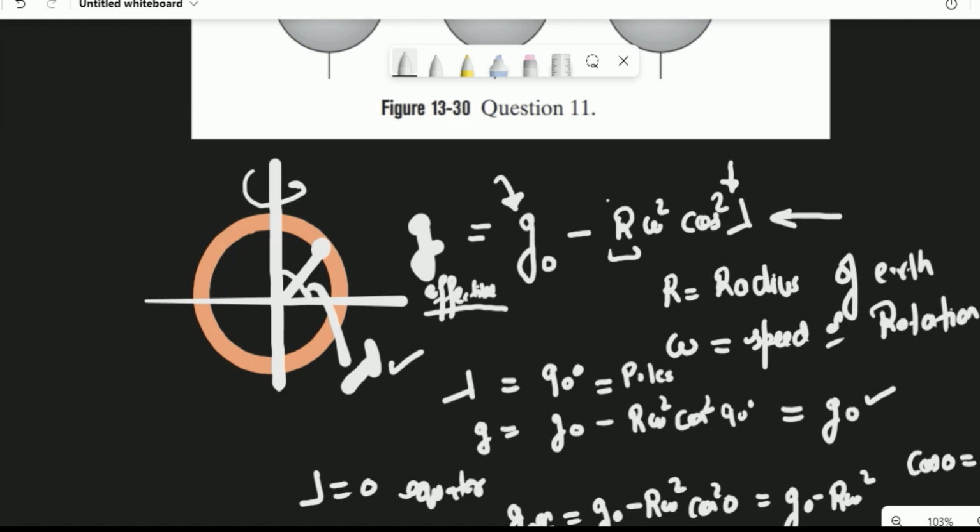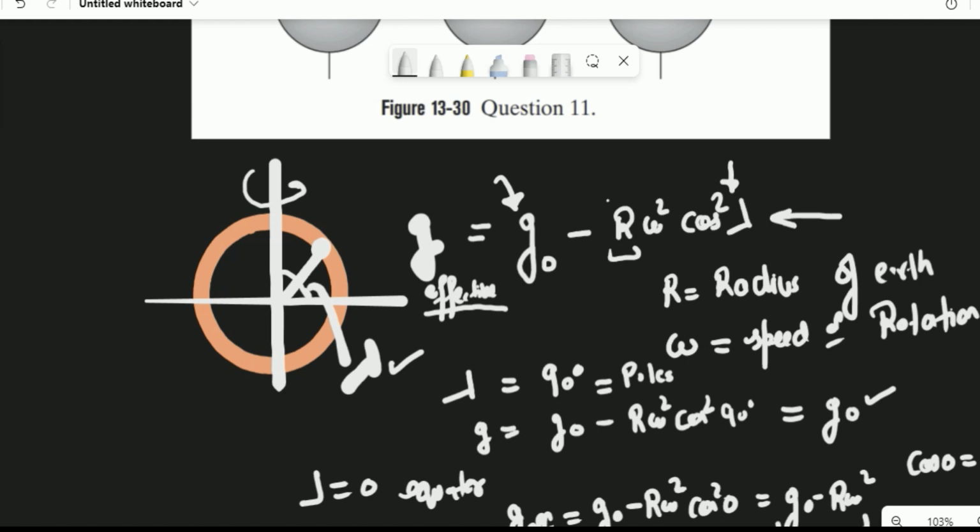So you can see the acceleration due to gravity at the equator will be minimum. This is where you will feel the lightest weight. If you're living at the equator, your weight will be least, but if you go to the pole, you will become very heavy because of the rotational effect. Rotational effect is what we are studying. That's all. So let's go back to the question.